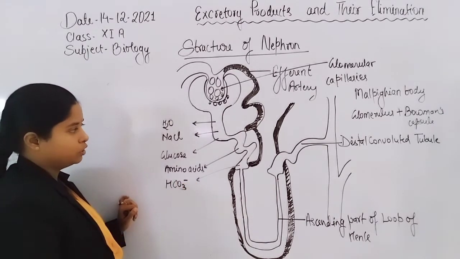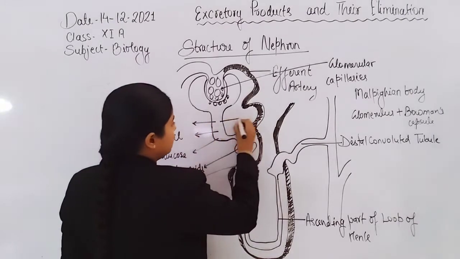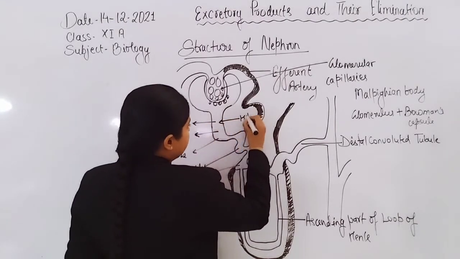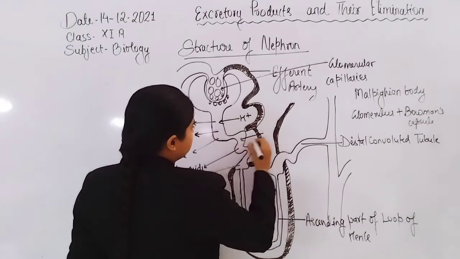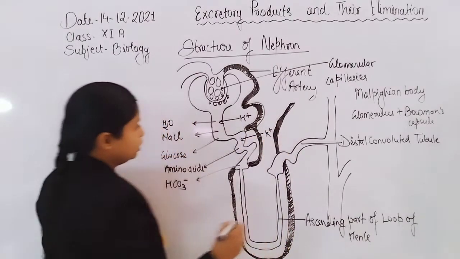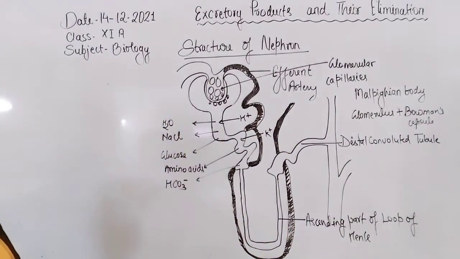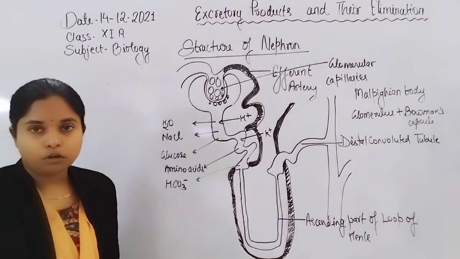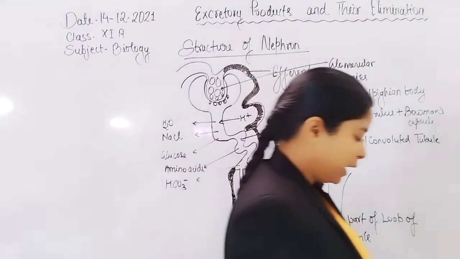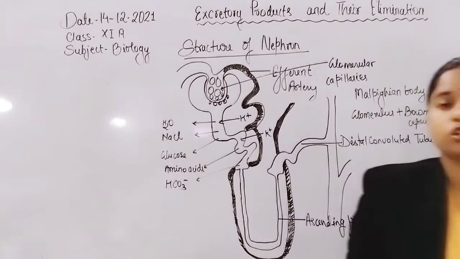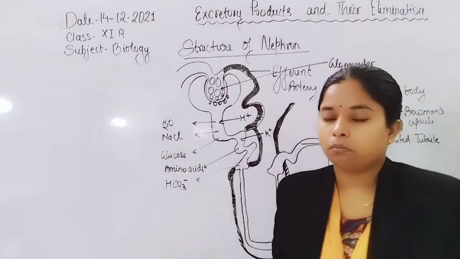Secretion of H plus ion and potassium ion takes place into the proximal convoluted tubule. All such functions take place in the PCT.